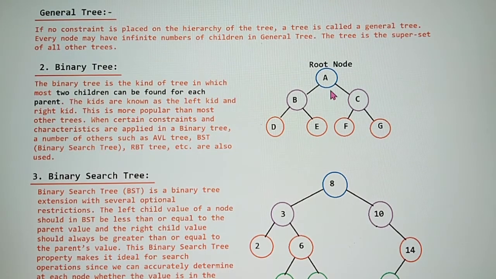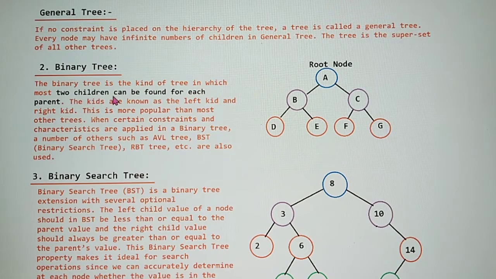You can see the model of the binary tree structure. Here is the A node, and the child nodes are B and C. A is the parent node of B and C. Now the child nodes also contain two nodes each, that is D, E and F, G. This is the structure of a binary tree.